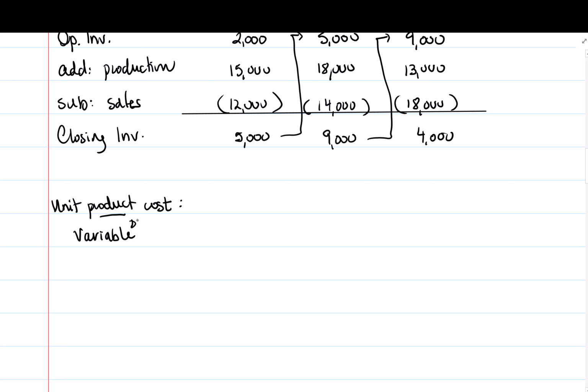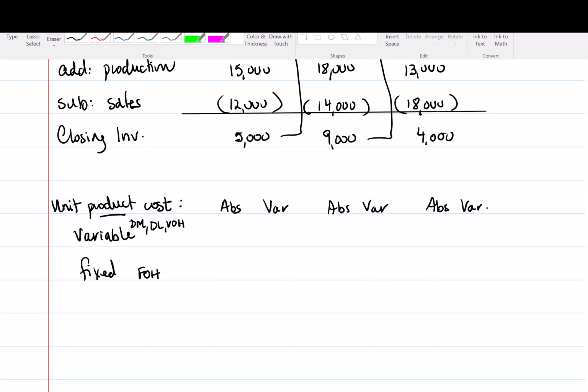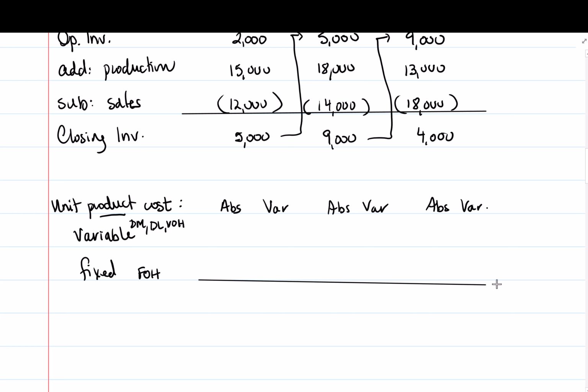So this is going to be your direct materials, direct labor, and variable overhead, and then fixed, and this will be your fixed overhead. For each month, I would usually do my absorption and variable, but for this question it doesn't really matter because it's exactly the same every month.